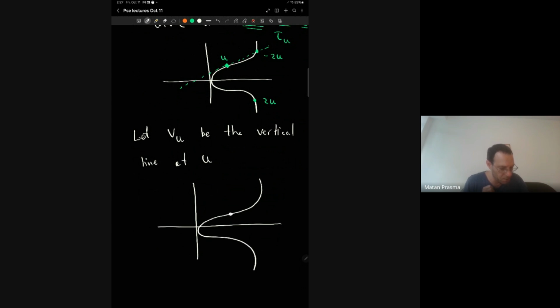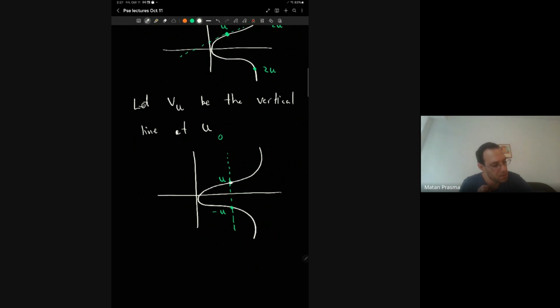I have U, and I take the vertical line at U. So here is going to be minus U. And it's going to intersect the curve also at the point at infinity.